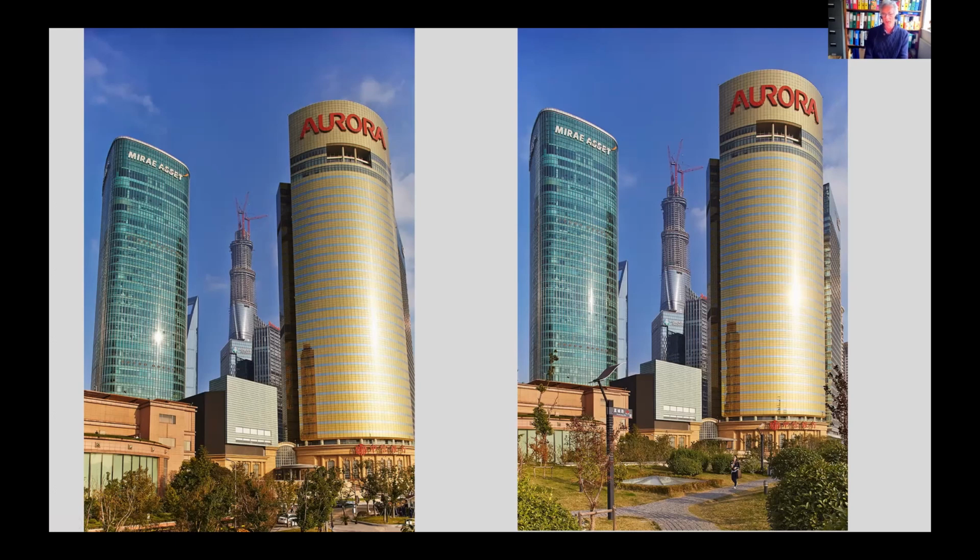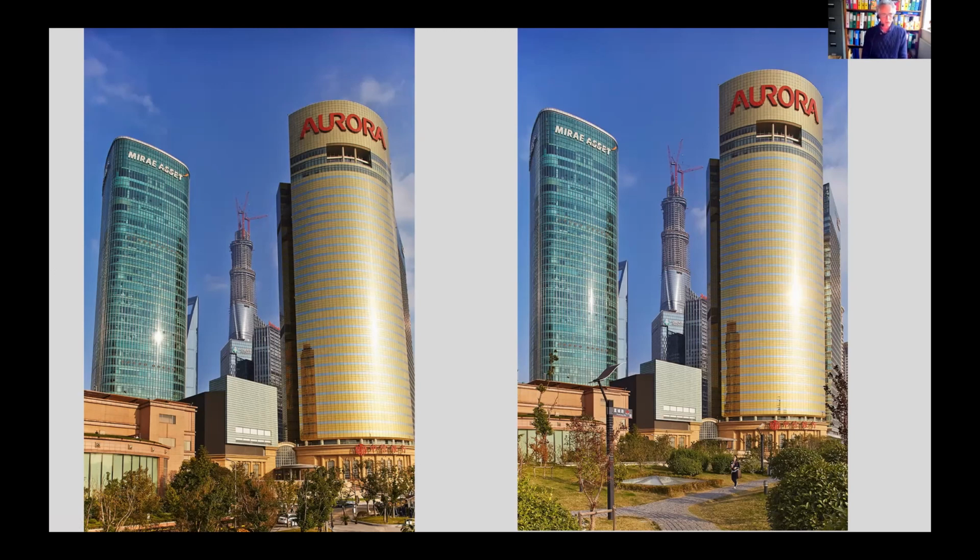Both pictures were actually taken with a shift lens, but on the left I was much closer to the buildings and couldn't really get the angle right in order to have the buildings perfectly vertical. So I've got them converging slightly, and it's neither creative nor technically correct, so it's just not very satisfactory.